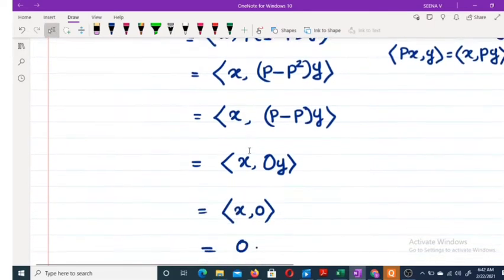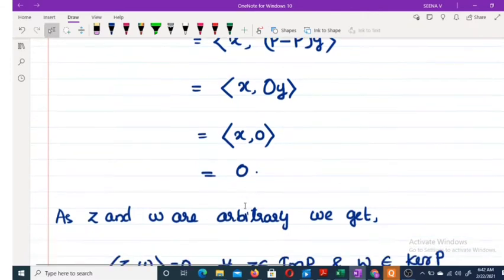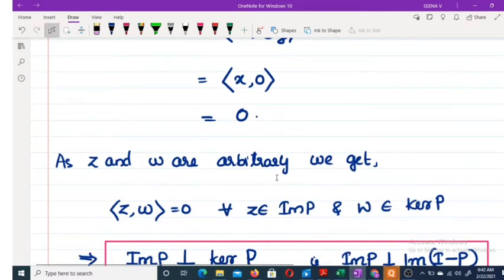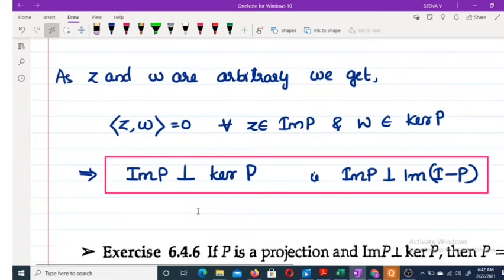But P is a projection, therefore P squared equals P. That means this is 0 of y, which equals 0. As x and y are arbitrary, we get inner product of z, w equals 0 for every z in image P and w in kernel P. This implies image P is orthogonal to kernel P. Clear? Therefore, if P is an ortho projection, then image P is orthogonal to kernel P.